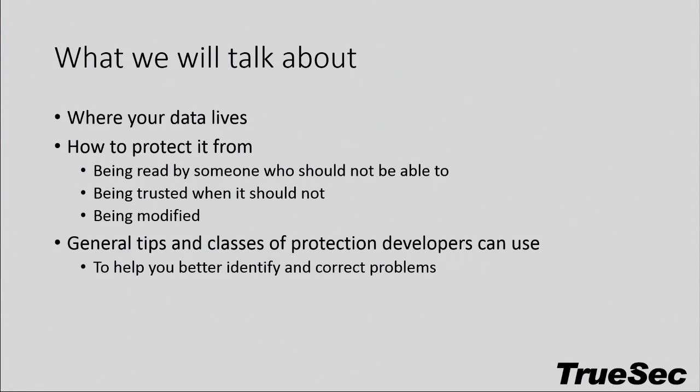Today we're going to talk about where data lives in different types of applications and how to protect it from, for example, being read by someone who shouldn't, or being modified, or being trusted when it shouldn't be. It's going to be more focused on general tips and classes of protections. So not code examples for specific languages, more of ideas to help you identify problems in your environments when you're developing.